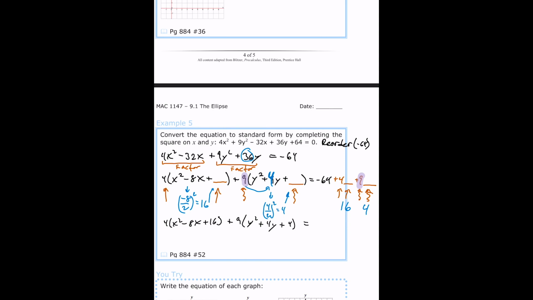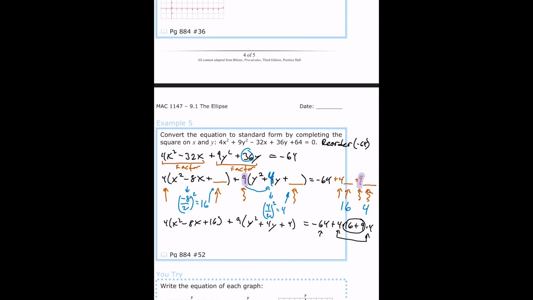equals, and then we're going to have to do some arithmetic over here. We've got negative 64 plus 4 times 16 plus 9 times 4. That looks to me like a total of 25 4s, and I'm pretty sure that this is 16 4s, 16, 32, 64.